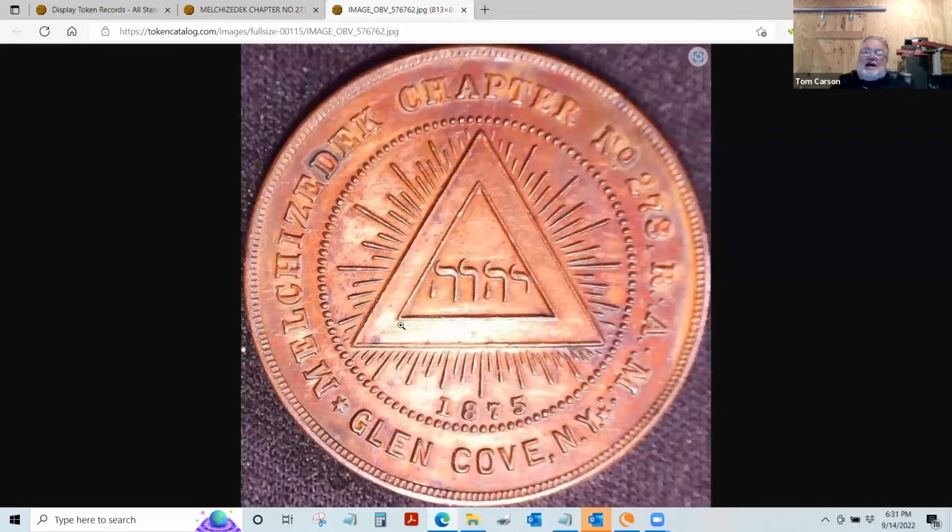Brand had the largest coin collection that had ever existed when he died in 1924. He had in his little 2x2 pouch, it was labeled Meldanza chapter out of Glen Cove, New York.